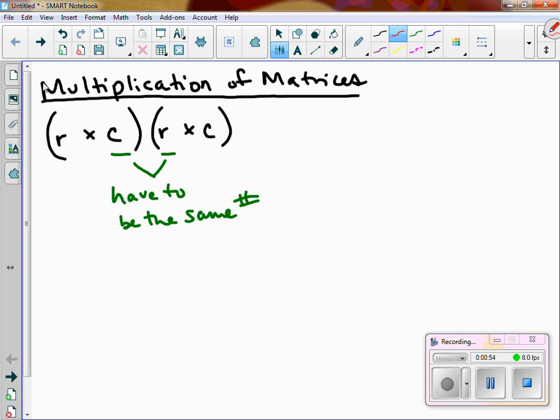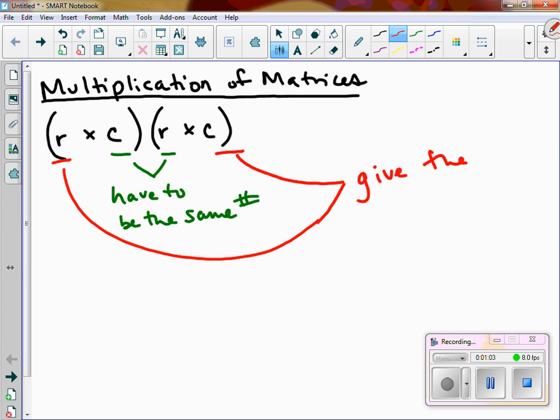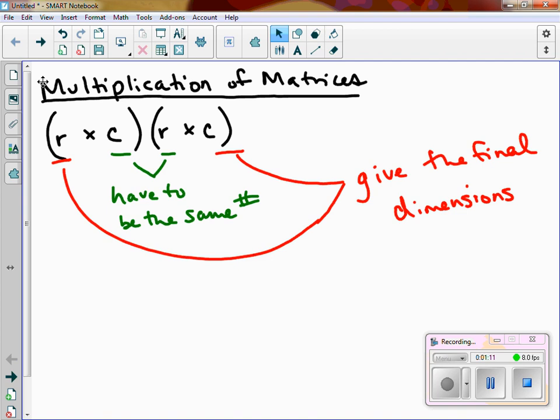These numbers on the outside give you the final dimensions. Okay, so that looks a little bit confusing, but it'll be easier when we actually have numbers there.